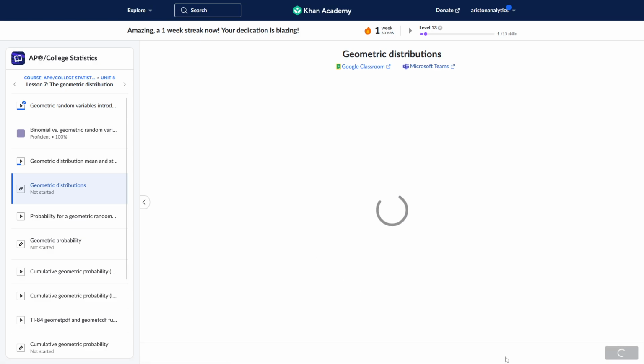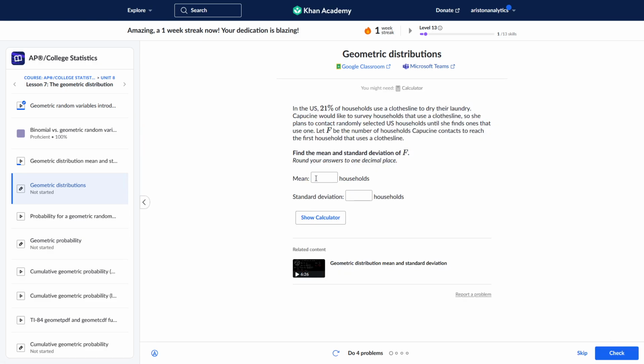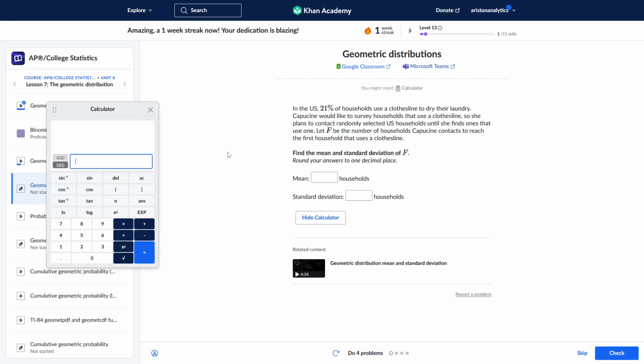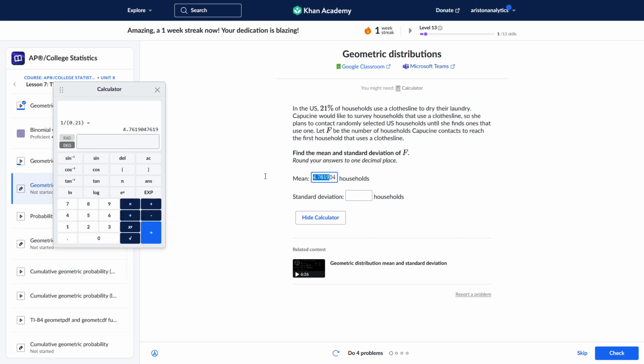That sounds good. Okay, find the mean and standard deviation. Okay. 1 over, 1 divided by, or 0.21, right? That's the mean. One minus that.